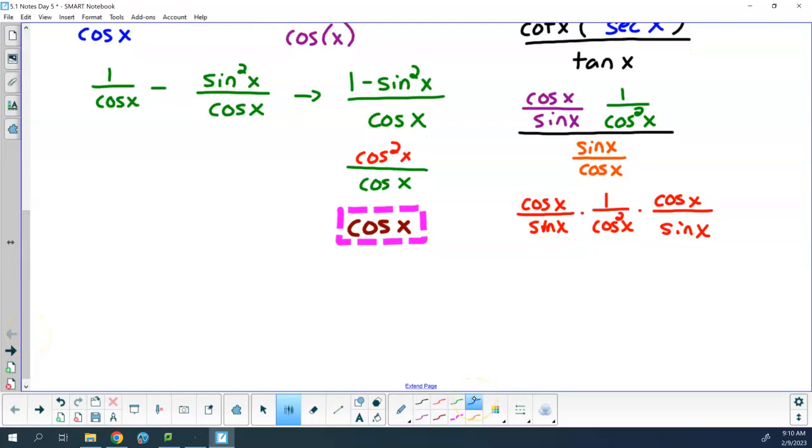So that then gives me 1 over sine squared, which is cosecant squared.